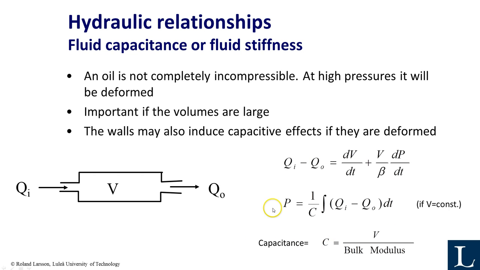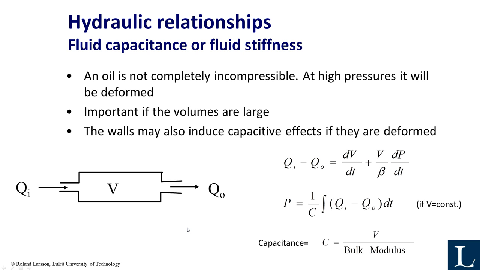It is a parameter coming from the continuity equation. If you see your system as one where flow is coming in here and flow is going out here, and you have a certain volume, then the difference between the flows in and out is what is stored in this volume.